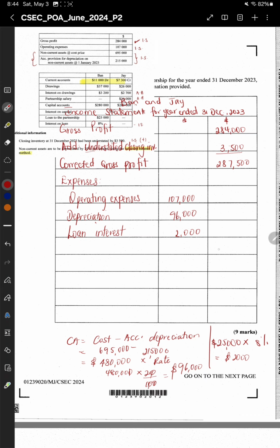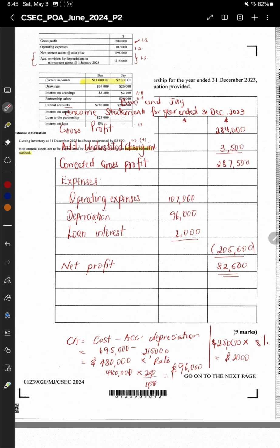This will give you 205,000 as our expense. $205,000. Please try and get yourself aligned. And remember, this is expense, so it has to be minus. So we have here $82,500, and this is our net profit.